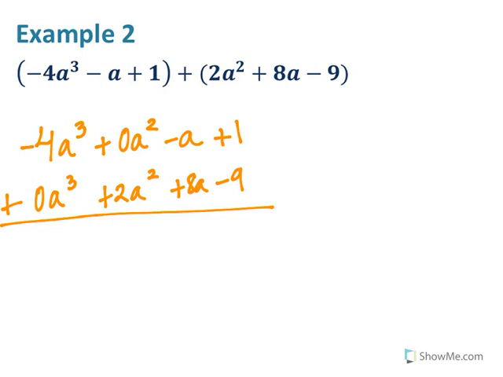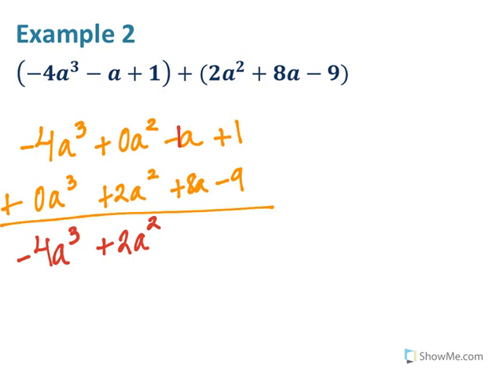So we're adding these straight up and down. I have negative 4 plus 0, and negative 4 plus 0 is just negative 4. So negative 4a to the third. Don't add the exponents, you're keeping them the same. Plus 2a squared. And over here we have a negative 1 coefficient for negative a.